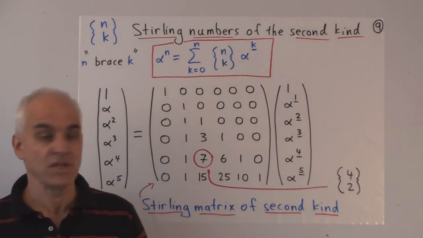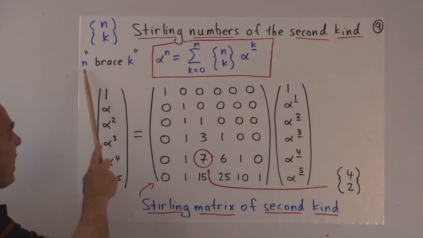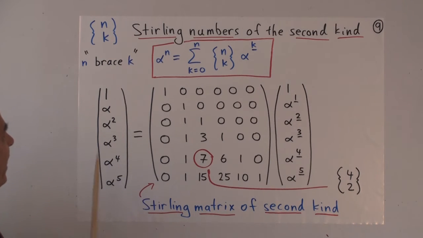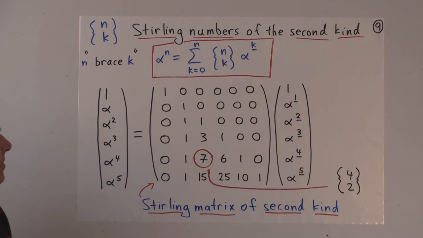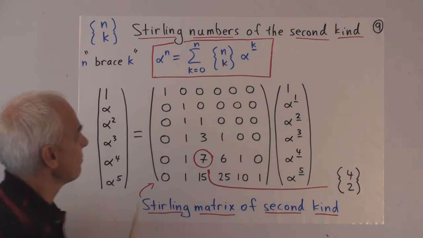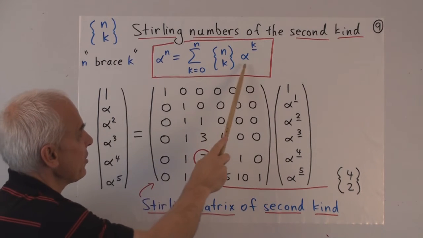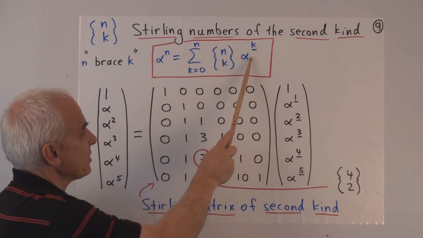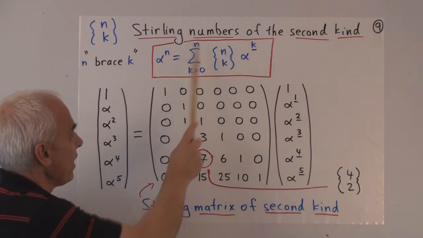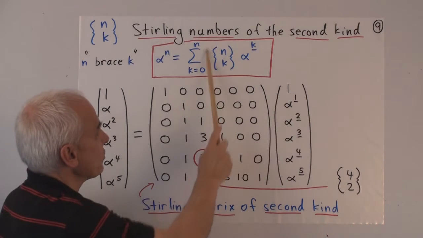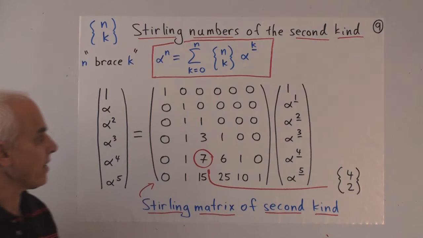So our definition of these Stirling numbers of the second kind, which we call n brace k, and we denote with these brace kind of brackets, is this. We write alpha to the n as a linear combination of the falling powers alpha to the k, falling, from k equals 0 to n. And whatever coefficients we need to make that work, those are the coefficients n brace k.